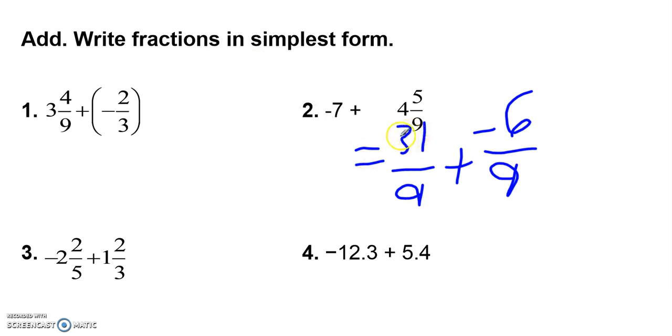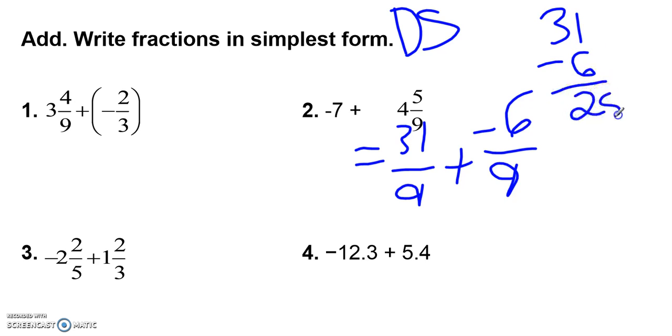Here we have a positive 31 and a negative 6. So we're going to use our integer rules, because if you're just looking at 31 and negative 6, those are just integers. So 31 minus 6, because if you have different signs you need to use subtraction, gives us 25. 31 is larger than the negative 6, so we're going to take the sign of the positive number.